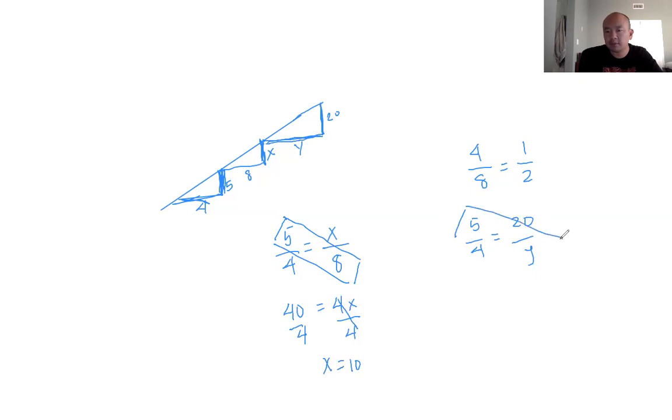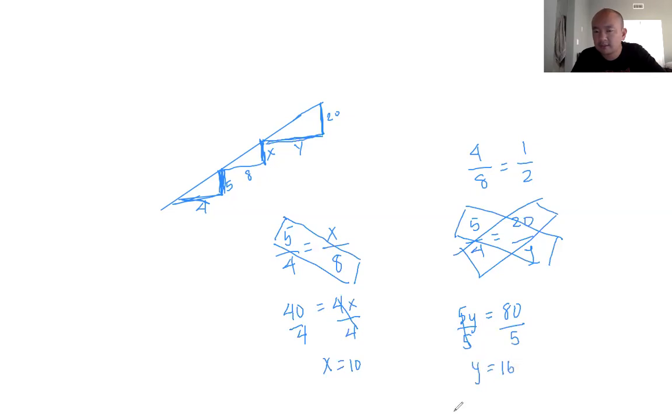So if we cross multiply here, the means and the extremes, I don't know if you remember that, but that's how you were being taught. You're pretty much cross multiplying. So it would be 5y is equal to 4 times 20, which is 80. And then you divide by 5 on both sides. And so y is equal to 16.